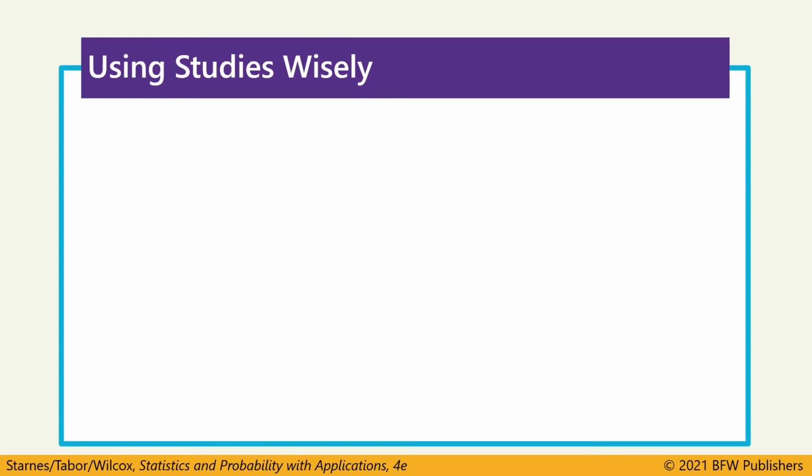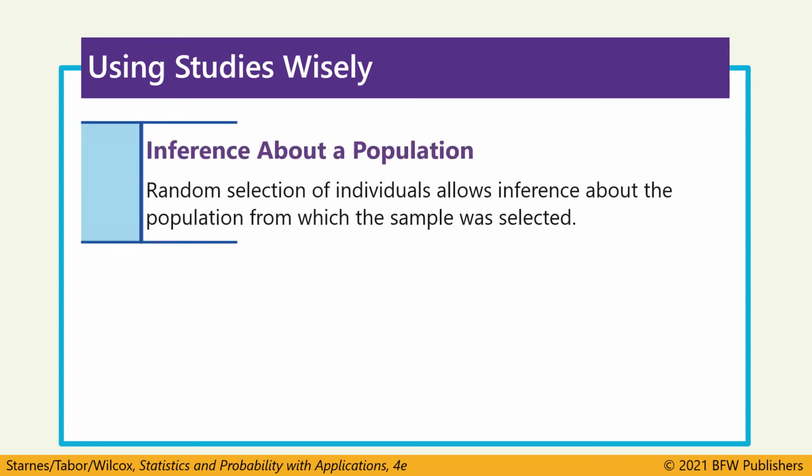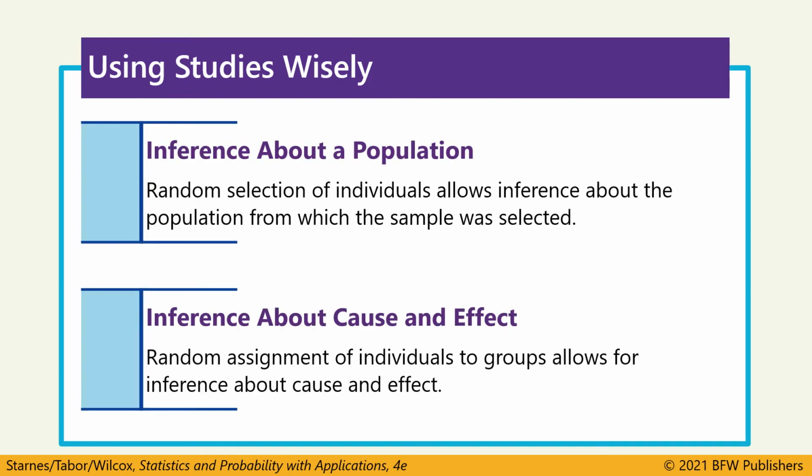So there are really two different types of inferences that we can make. The first is an inference about a population, and the other is an inference about cause and effect. If we want to make an inference about a population, take the results of some sample and apply it to a broader population, we need to have random selection of individuals from that population.